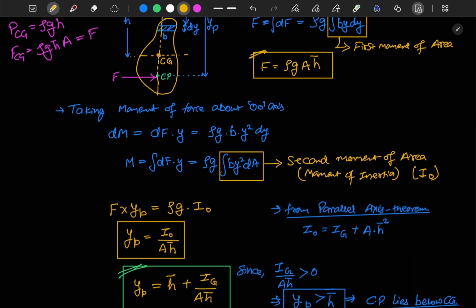Now let's move to your next topic, that is the pressure prism, or pressure diagram.